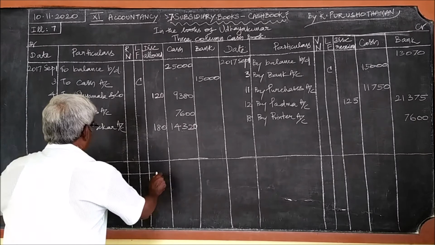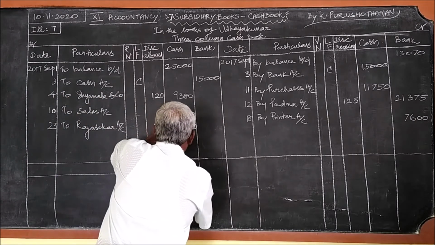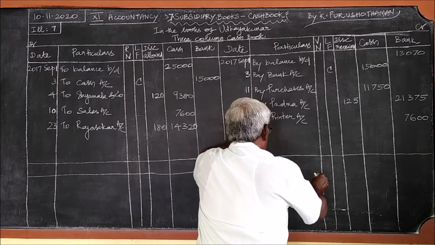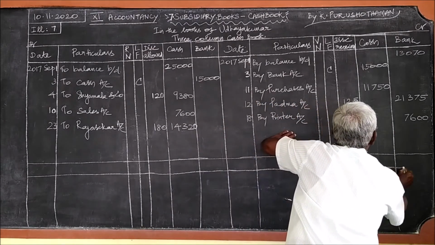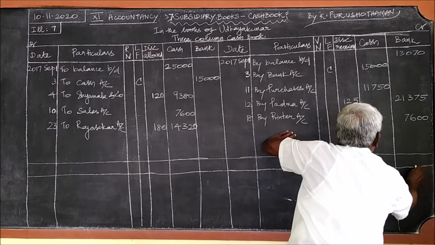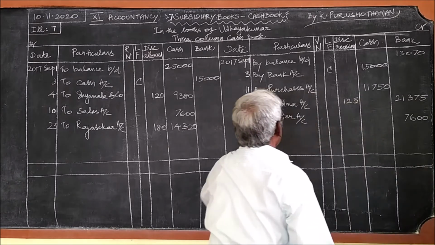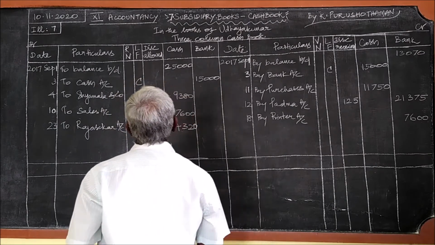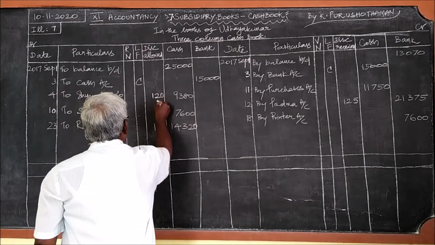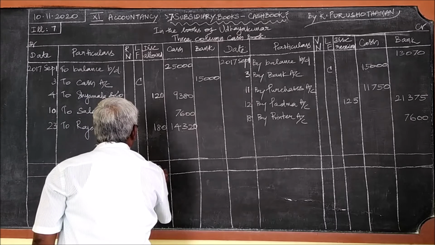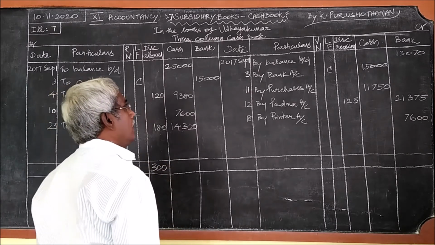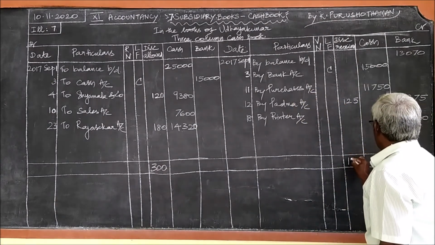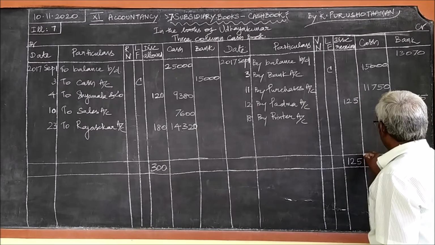Under it, keep ready the total box. As I said in other classes, there is no balance for the discount column. You should add and write 120 plus 180, it is 300. Here on the credit side, the discount received is only 125.